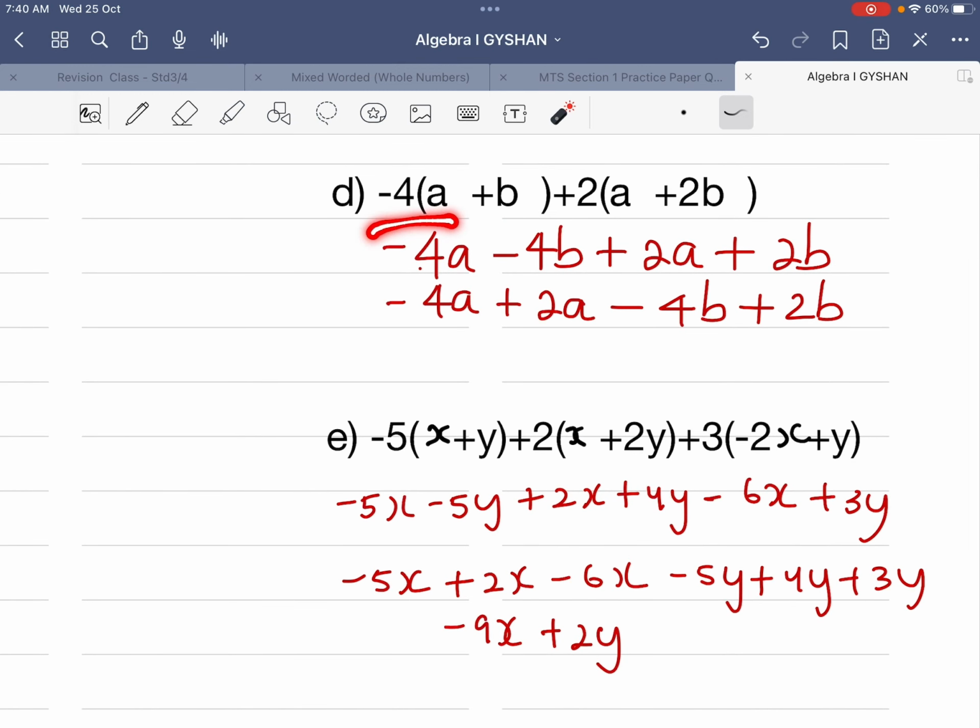So this is minus 4A minus 4B plus 2A plus 4. There should be 4B. Yes.